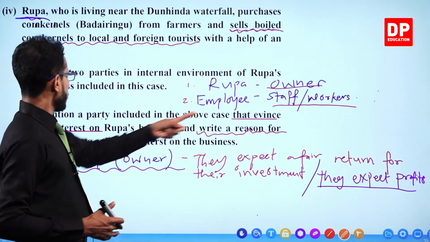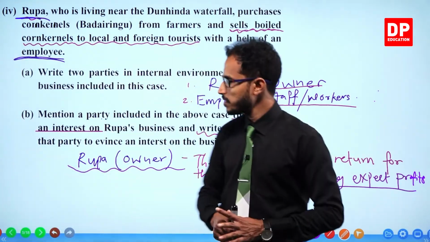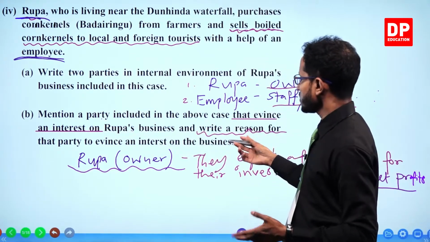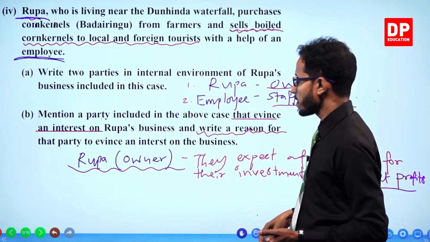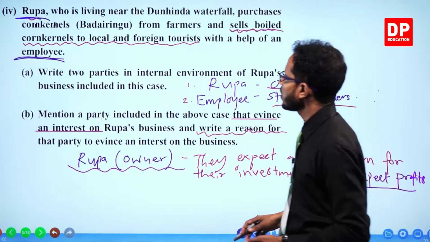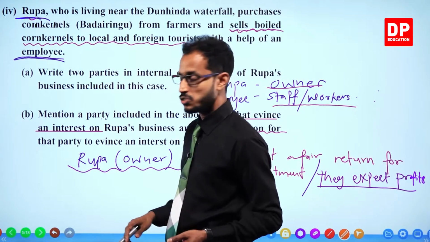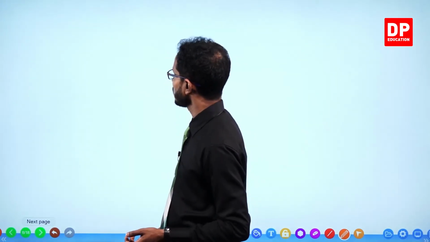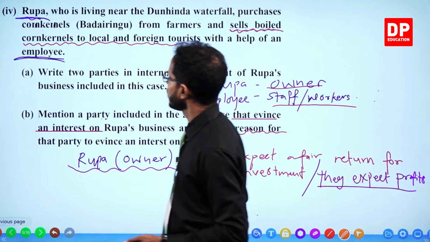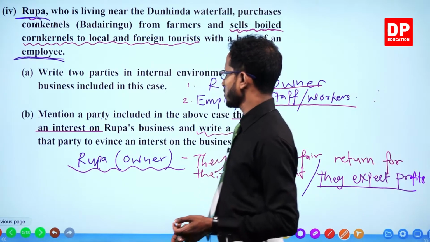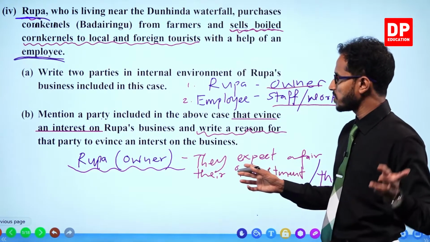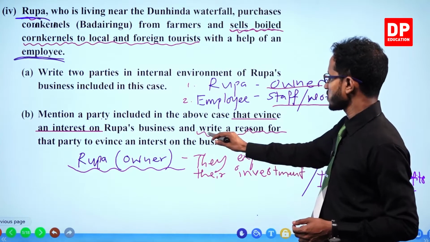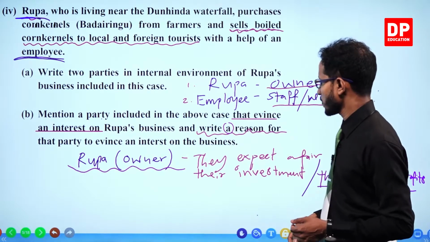So we mentioned one party and why that party is interested in the business. There are more things that we can write, but one reason is enough, because they're asking for one reason.